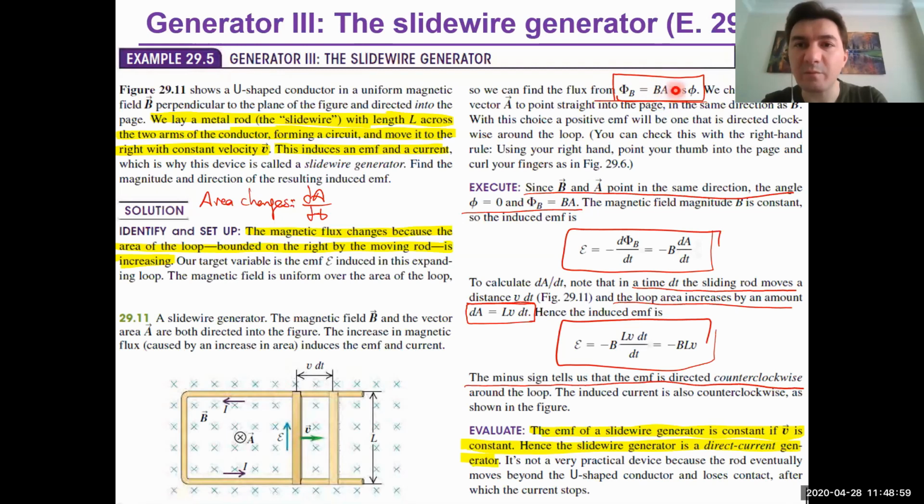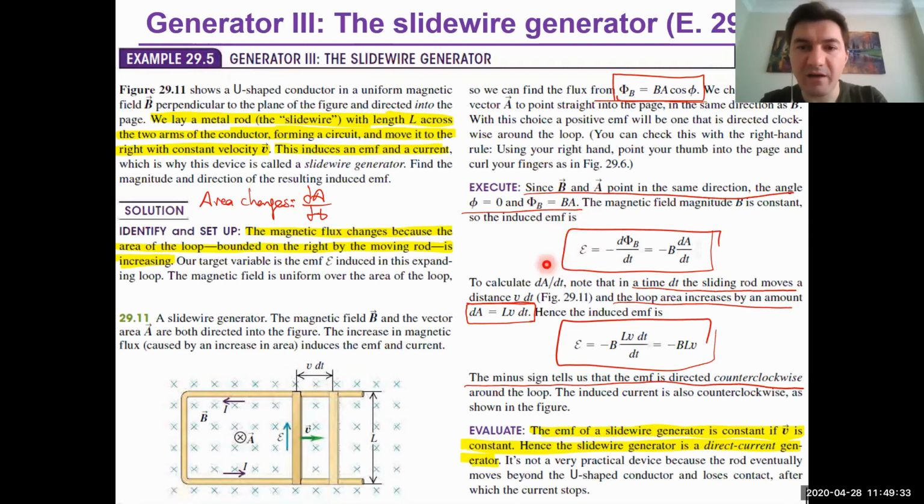B is constant, but A changes, then magnetic flux changes. Good. Then what is the angle between B and A? Since B and A point in the same direction, B into the page and the area into the page, the angle in between is 0. Then cosine 0 is 1. Then flux will be given by B times area.